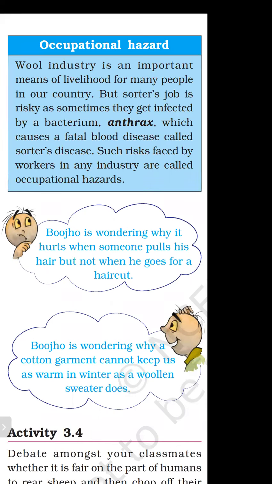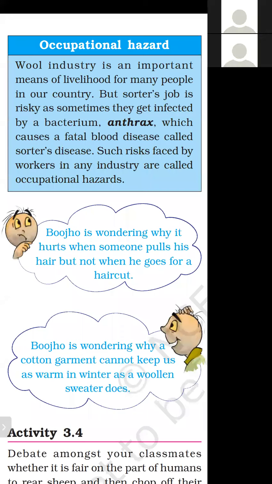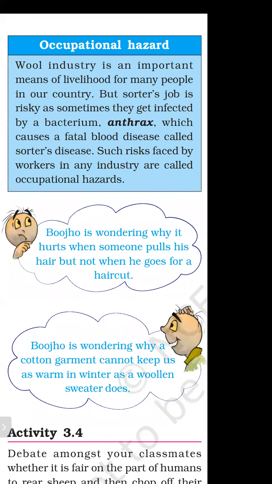It causes breathing difficulty, and that disease is known as anthrax disease, which causes a fatal blood disease called sorter's disease. Fatal means a death-causing disease can be caused due to this anthrax bacteria.